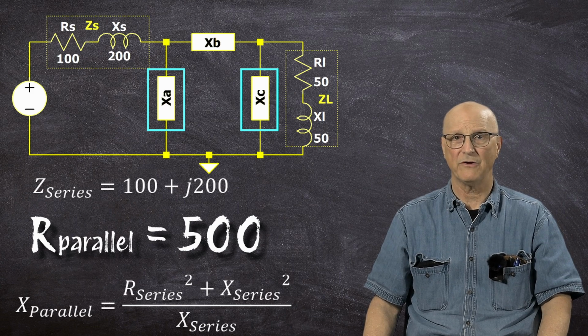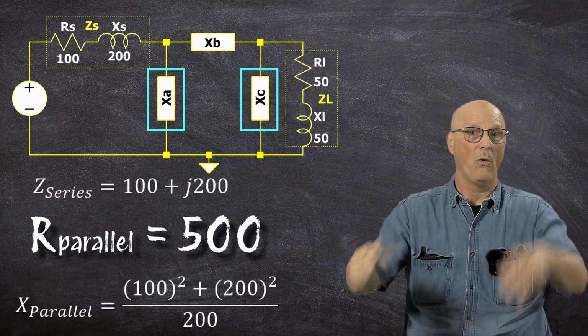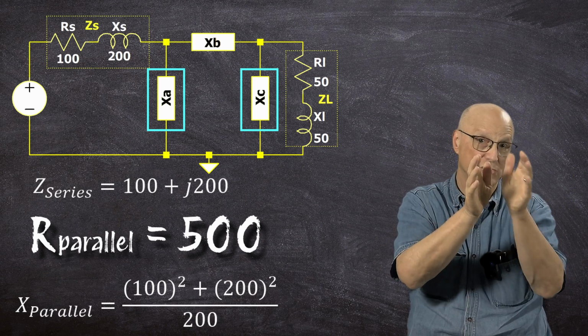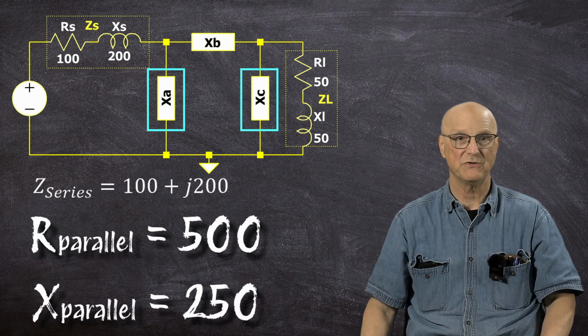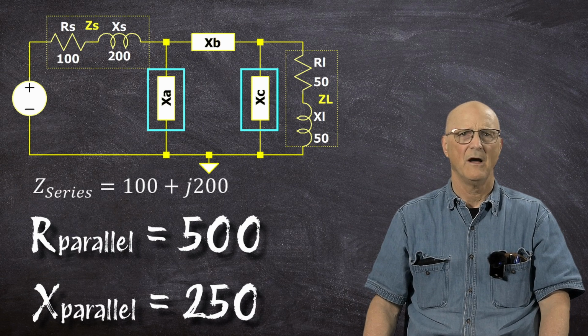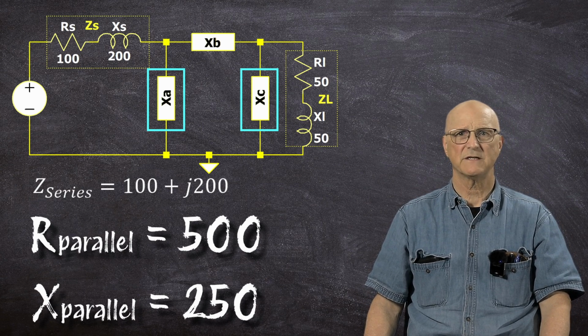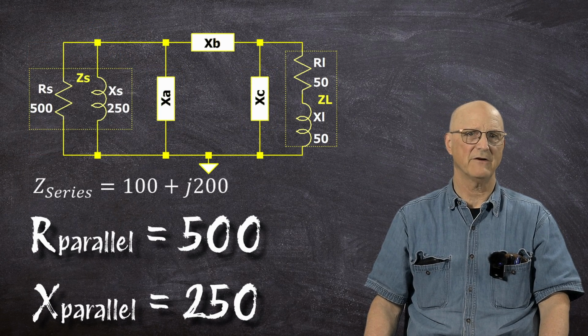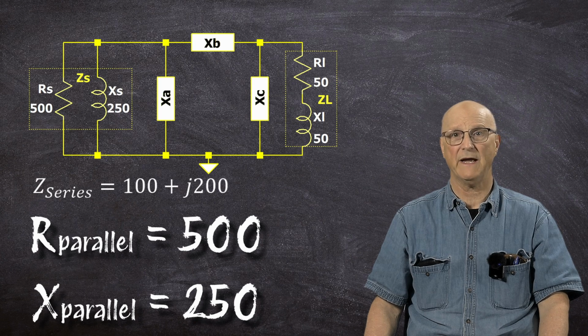The parallel equivalent reactance is equal to 100 squared plus 200 squared divided by 200, which gives us 250. Our source impedance, as expressed in terms of parallel components, is a resistance of 500 ohms in parallel with a reactance of J250.